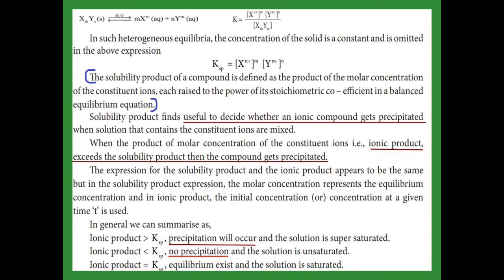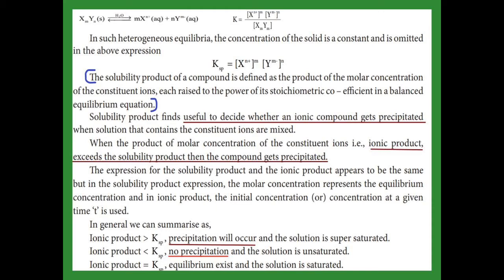In the equilibrium constant, the reactant side is a solid. The solid concentration is a constant, so we omit the denominator. Now we get the equilibrium constant K as just the product concentration alone, which is called the solubility product. Now the solubility product Ksp is equal to the concentration of X power n plus, whole power m, into the concentration of Y power m minus, whole power n.